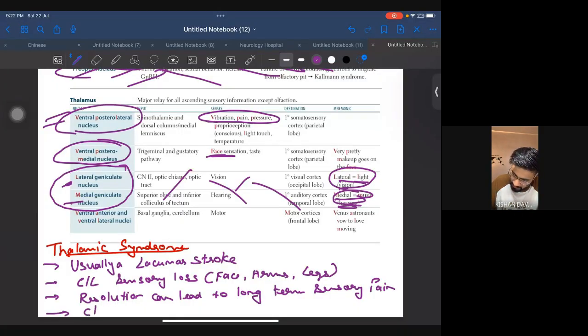It is on the contralateral side, so severe pain by touching. Write this down because thalamic syndrome is very important. They will ask you. So I want you to write it down. If we look at the image, I'll tell you that. For now, write it down.